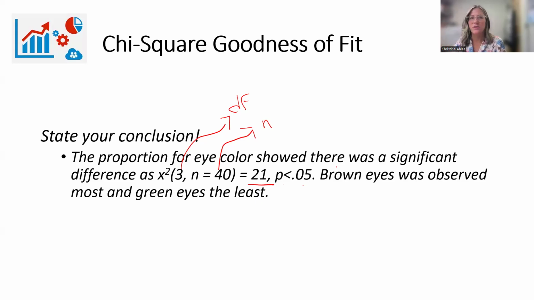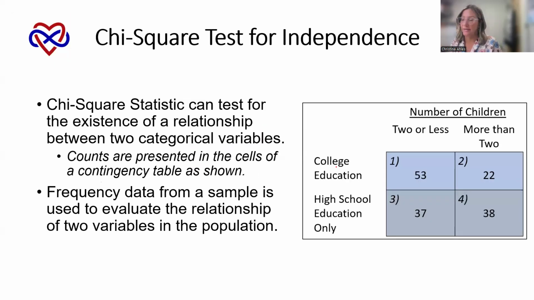Now we can go into the chi-square test for independence. The chi-square test for independence is used when we actually have 2 variables and we're looking for a relationship, but we can't use Pearson R because the 2 variables are categorical. So it's still frequencies within categories.